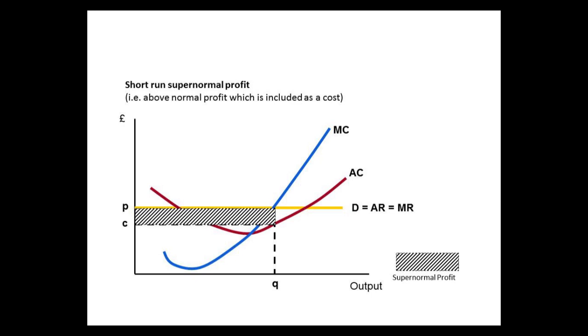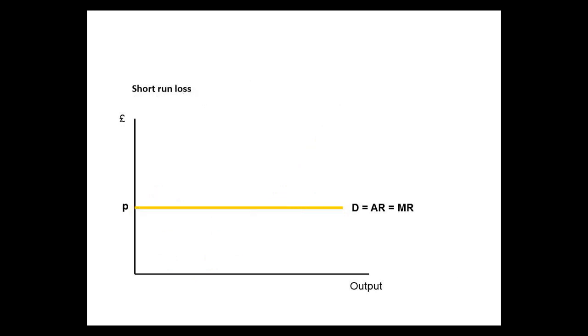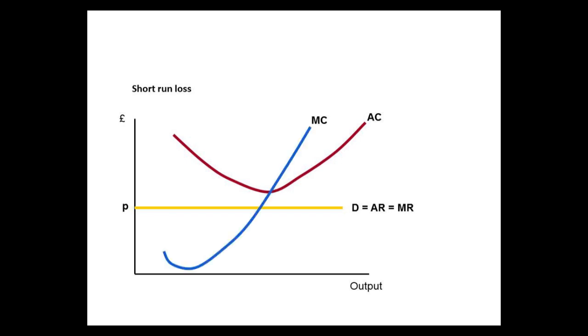It's also possible that a firm under perfect competition can make a loss in the short run. We draw that in a similar way. We start with our horizontal demand curve equals average revenue equals marginal revenue, but this time we draw our average cost curve above that demand curve. It has the same shape with the same MC curve that cuts AC at the lowest point.